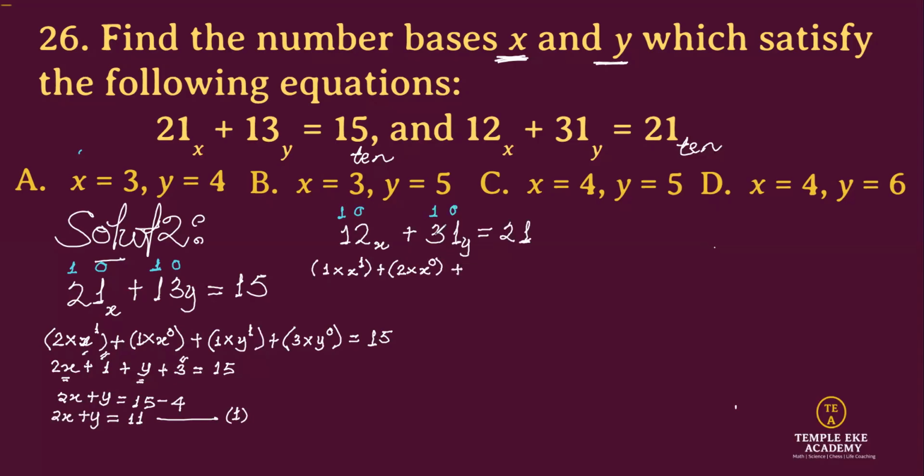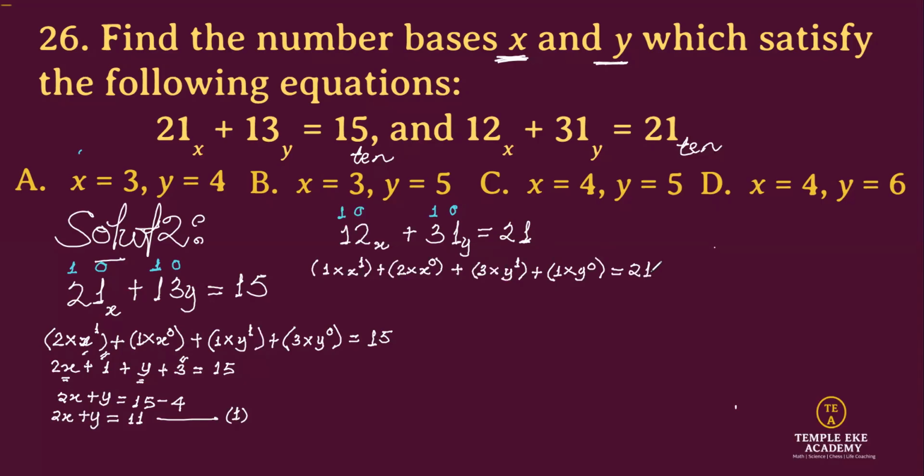Then plus the next digit, 3, multiplied by the base y to the power 1 on it. Plus, we have 1, multiplied by the base y, raised to the power of the number written on it, which is 0. All of this equals 21 on the right-hand side.